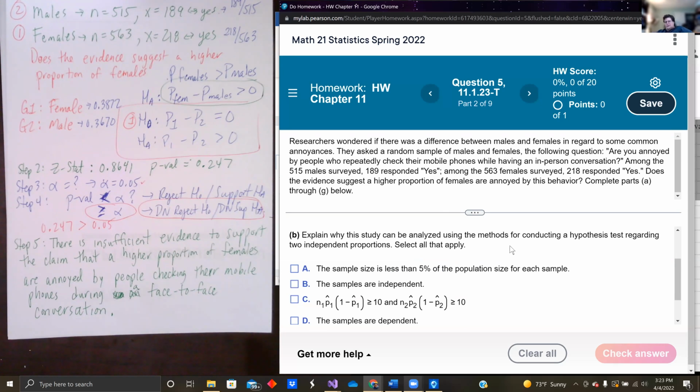Explain why this study can be analyzed using the methods for conducting a hypothesis test regarding two independent proportions. Select all that apply. Well, I know the sample size is less than 5% of the population size for each sample. That's got to be true.